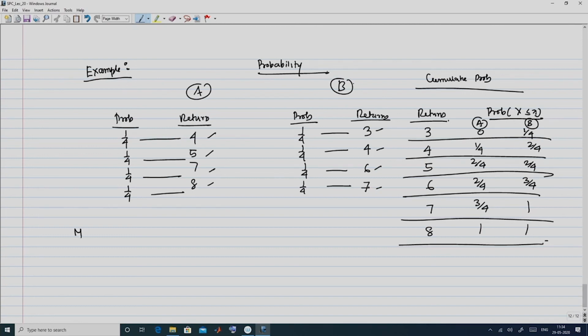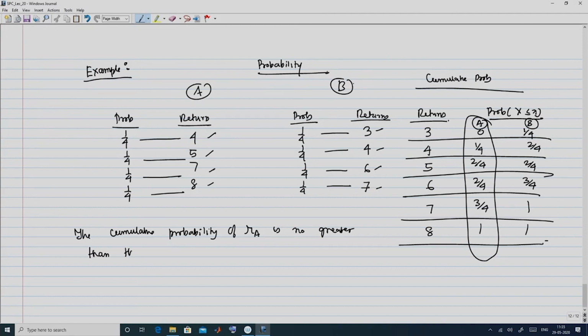So, now you observe that the cumulative probability of R_A, that means these values, is no greater than that of R_B, that is given in this column, for any value of return.